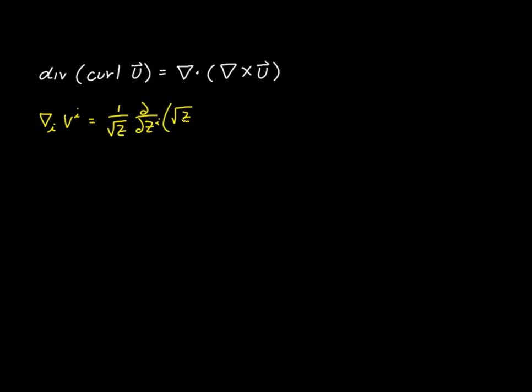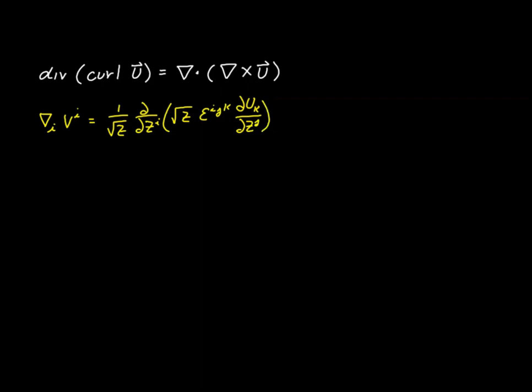But instead of v^i, let's plug in what we have for the curl. And that's epsilon^ijk times the partial derivative of u_k with respect to z^j.